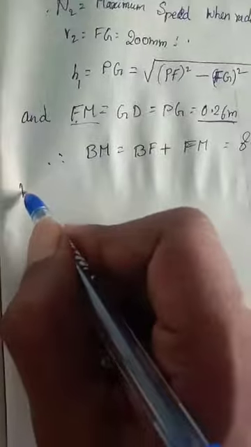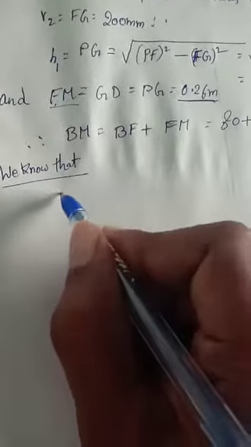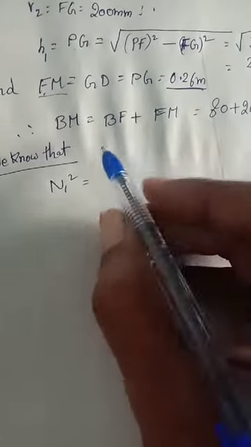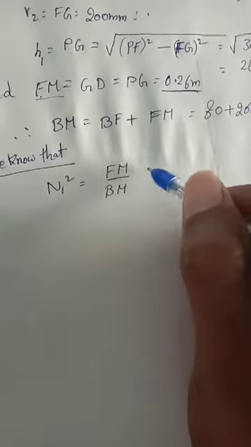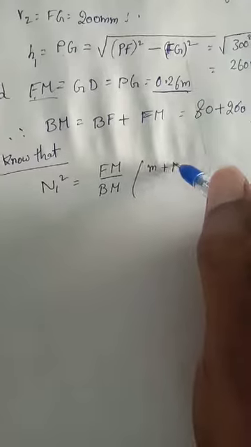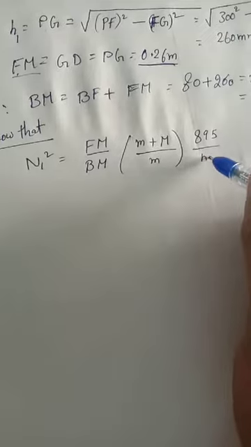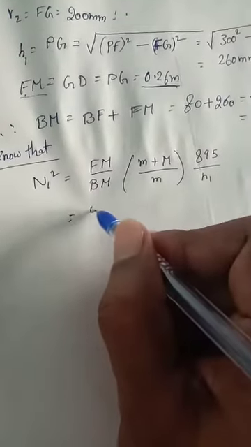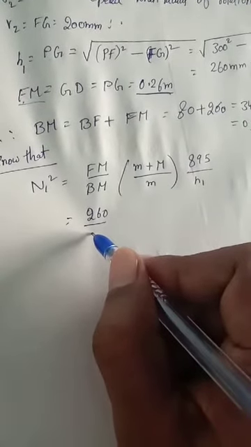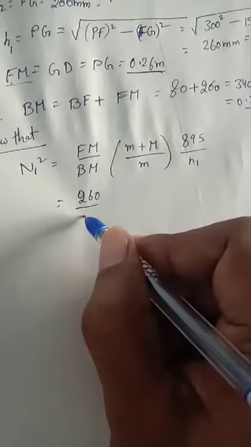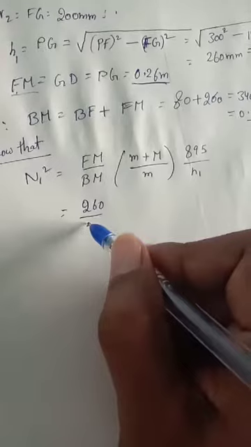So we know that N1 square is equal to FM divided by BM into (m plus capital M) divided by small m into 895 divided by h1. So this is the equation. Now here 260 divided by BM.